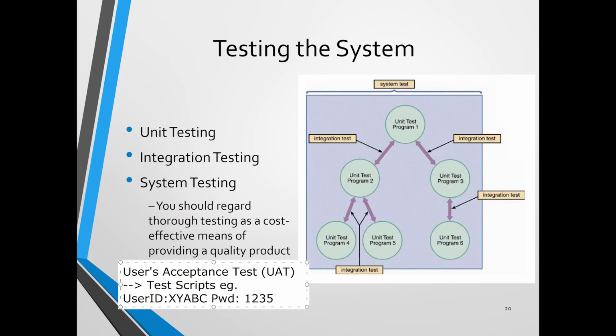If there are some minor errors or small errors, for example if it displays the Thai baht sign instead of US dollars, the system analyst might inform the programmers to fix it immediately. After that you just ask the users to test it once again.